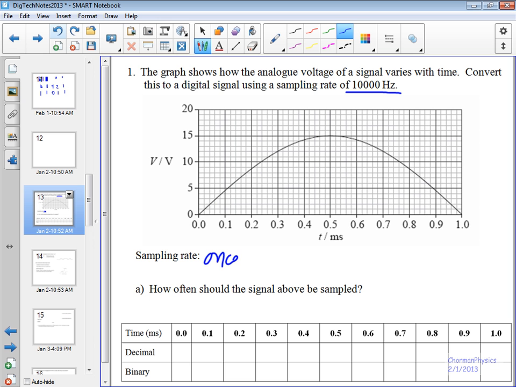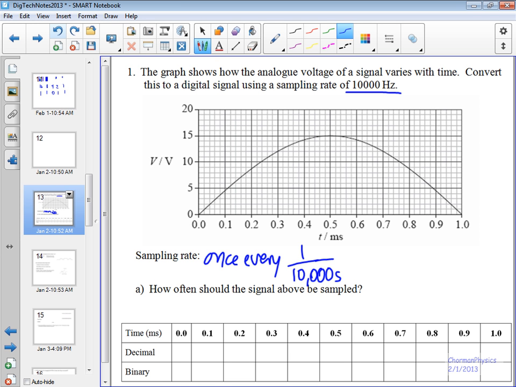Once every 1/10,000th of a second, that's what this 10,000 hertz tells us. So the above signal is going to be sampled then at all those times.